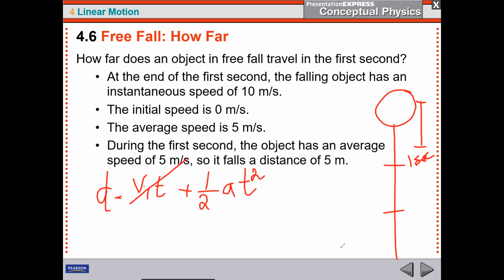Why is it 5? Because as we said yesterday, at the beginning it is 0. At the end it is 10, because I found it using v equals gt. So the v after 1 second is 10. The v at the beginning is 0. So because of that, the average speed will be 5.